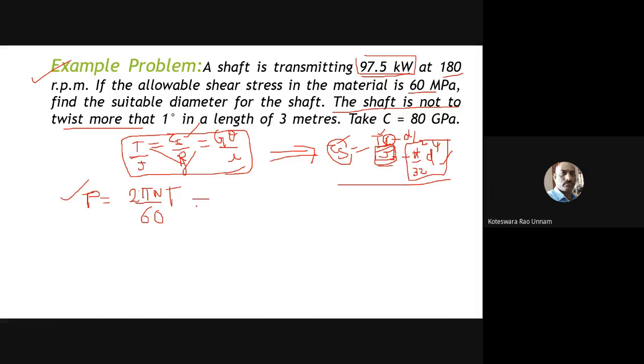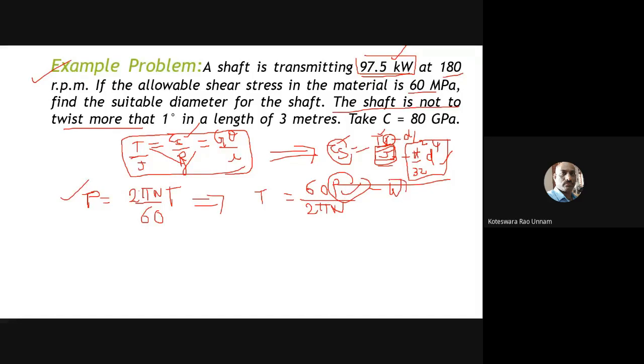But I want T, not P. So I can write T is equal to 60 P divided by 2 pi N, where P is the power transmitted. Then I need to substitute this P in watts, not kilowatts. Even though it is given in kilowatts, we need to substitute in watts.